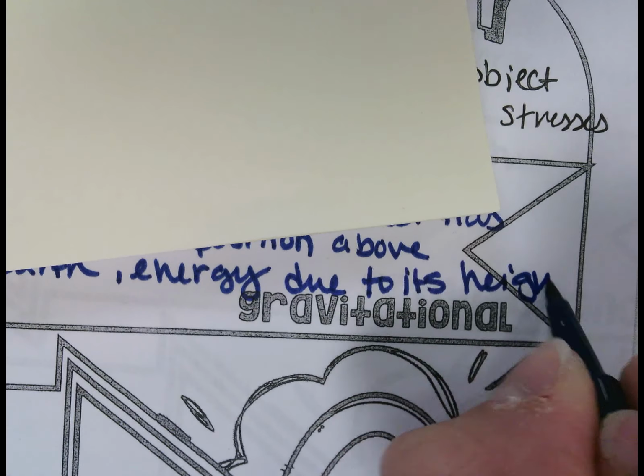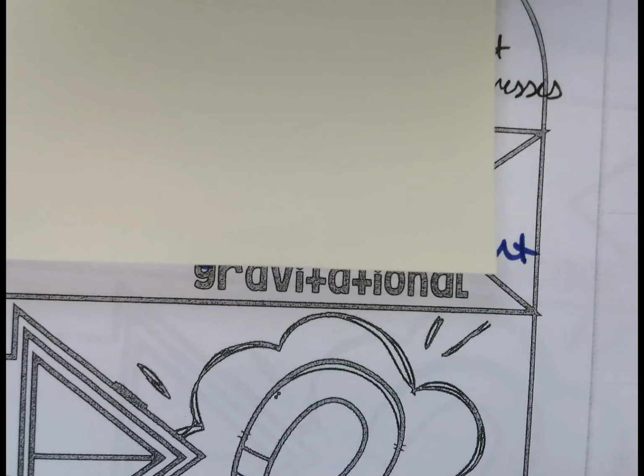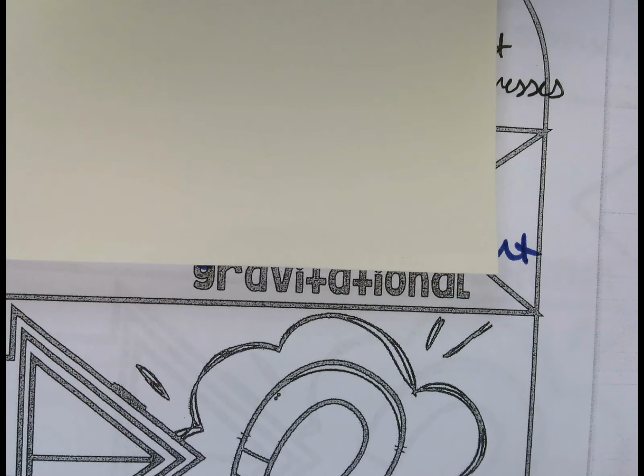Like I said in the last video, the higher up an object is, the more gravitational potential energy it has. If it's just 1 inch or 1 centimeter above the ground, it's not going to have that much gravitational potential energy as opposed to something like, let's say, an airplane.